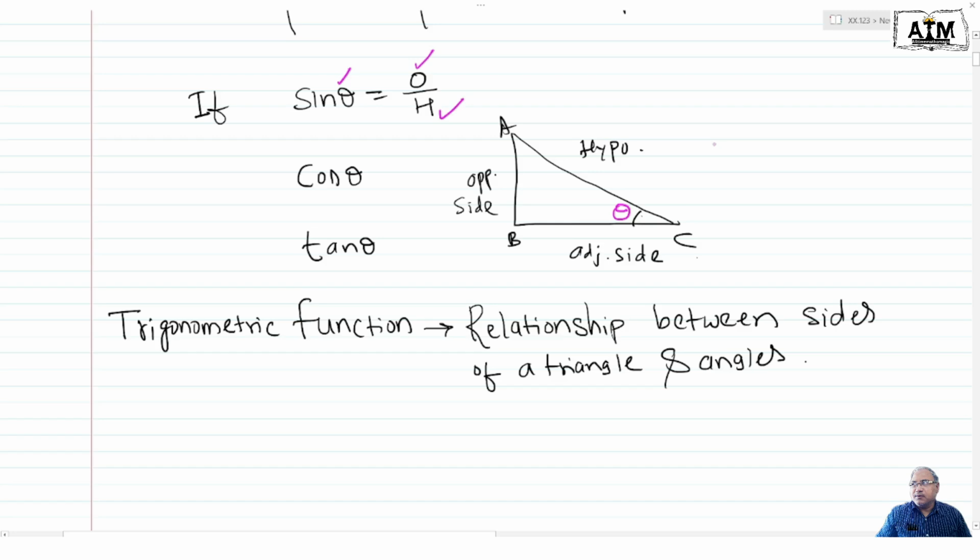So a trigonometric function gives a relationship between the sides of a triangle and angles. When two sides of a triangle and one angle are involved, that ratio is called a trigonometric function: sin theta, cos theta, tan theta, cot, sec and cosec.